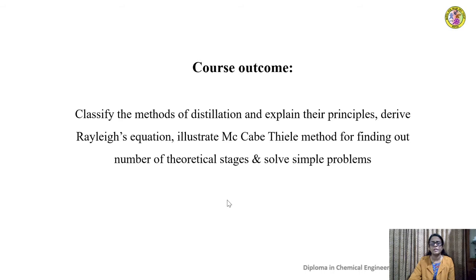And this is the course outcome a student should attain at the end of unit number 4, that is methods of distillation. After having gone through this unit, the student will be able to classify the different methods of distillation, explain their principles, and derive Rayleigh's equation, and also illustrate the McCabe-Thiele method for finding the number of theoretical stages to carry out the continuous distillation operation.